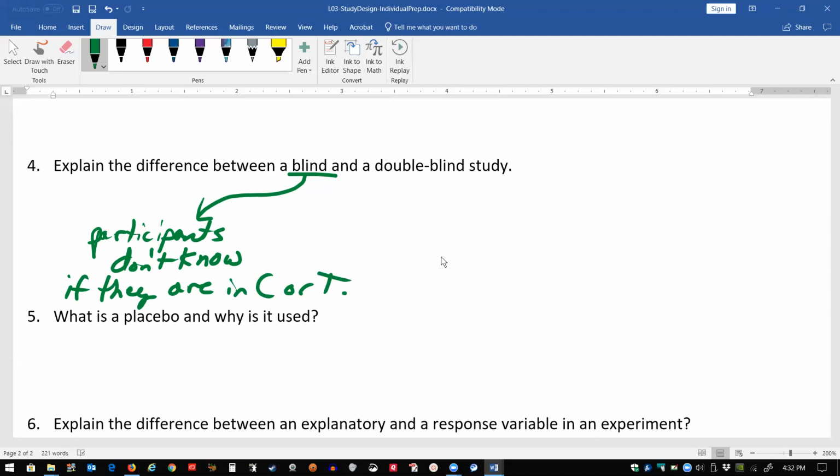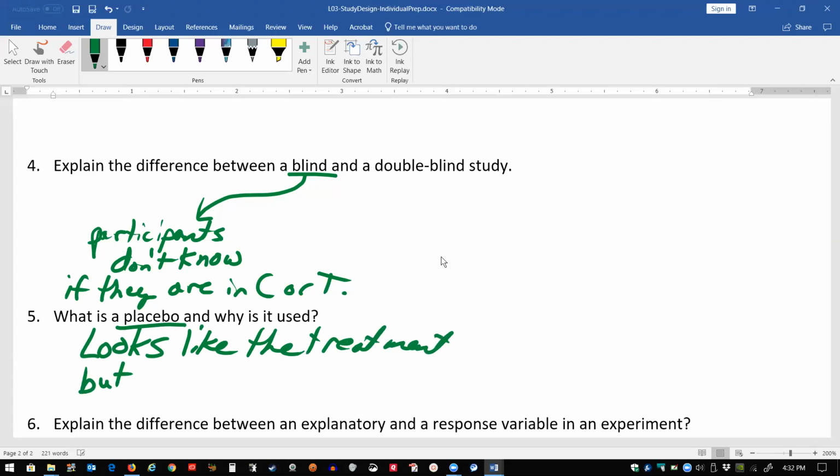Typically, if it's a medication study, the treatment group would get the actual medication, but the control group would get what's called a placebo, which looks like the treatment, but it's actually inert. It doesn't do anything. Okay, so that makes sense. So now participant bias won't happen.